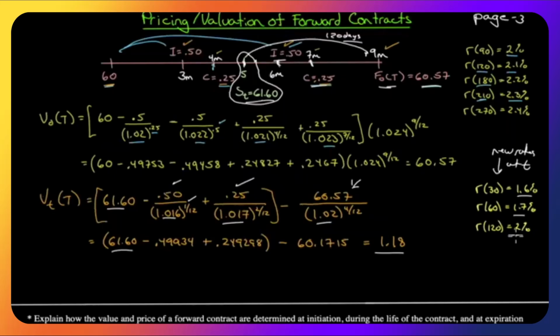For example, let's say that we were at this point in time, and let's just say there was no income originally. The underlying is a stock, and there was no income originally. And we get to this point in time, and the company declares a dividend payable here. What would happen to the value of the forward contract that originally did not have a dividend that now has a dividend?